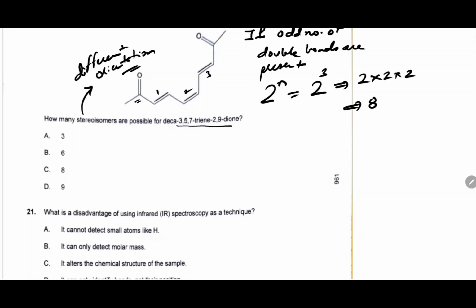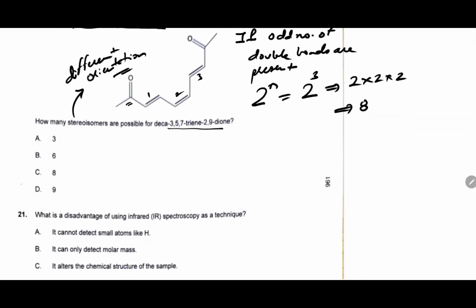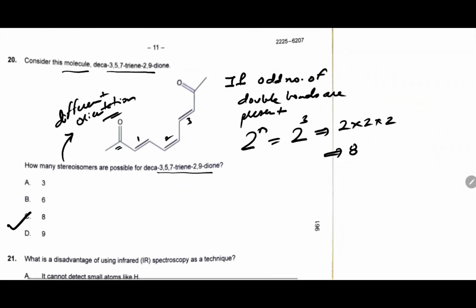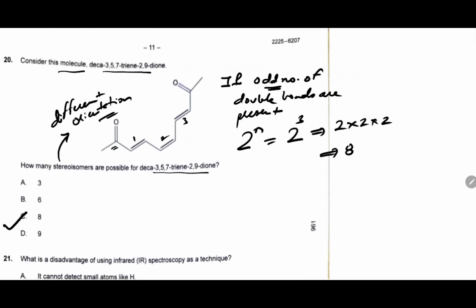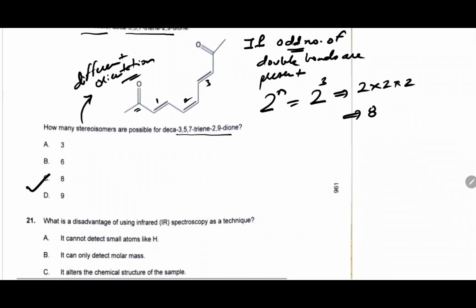That should be the answer. Since there are 3 double bonds, which is an odd number, the answer will be 8.